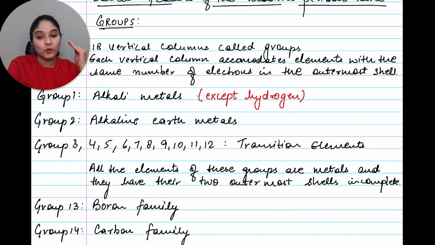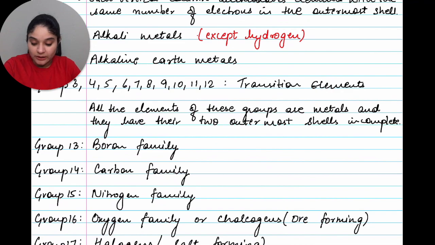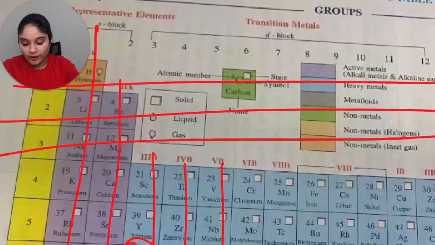Now when we talk about group 13, they are also known as the boron family. When we talk about group 14, they are also known as carbon family. Till group 14, let's come back on the table and understand what we are talking about.